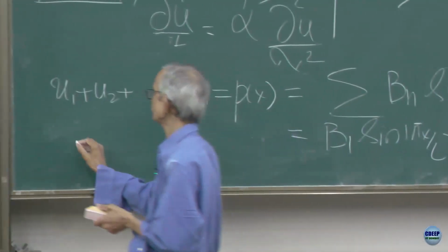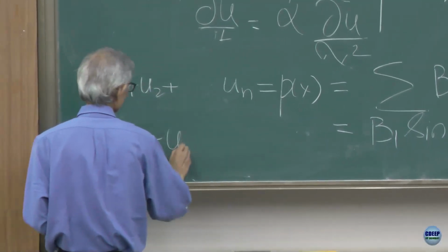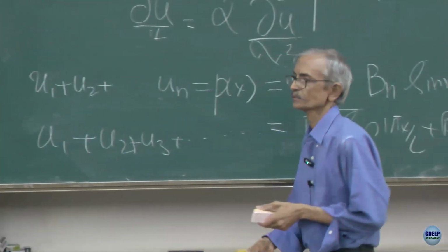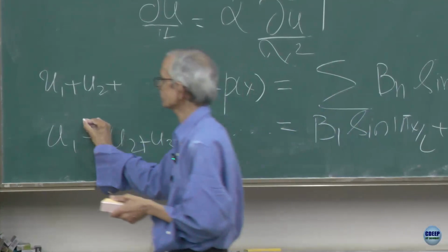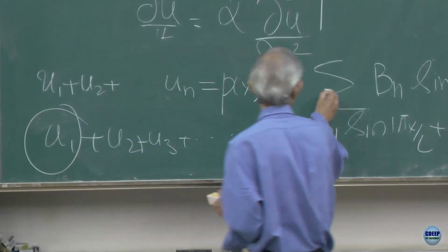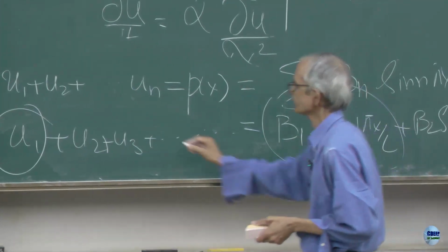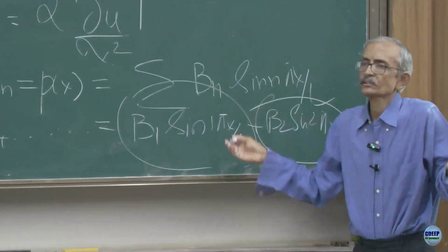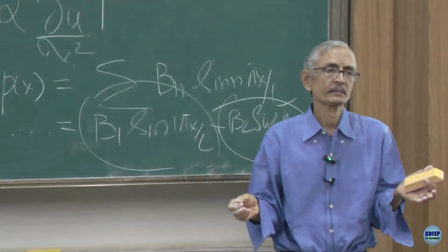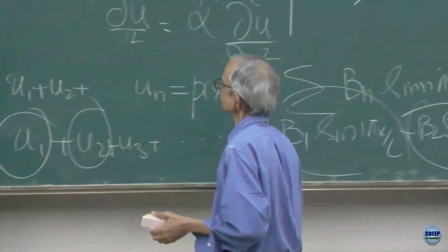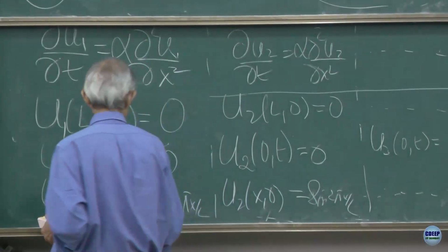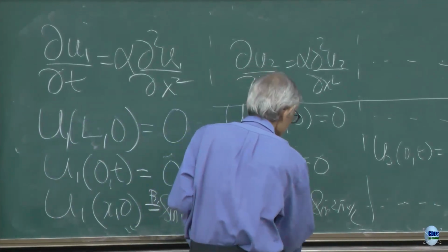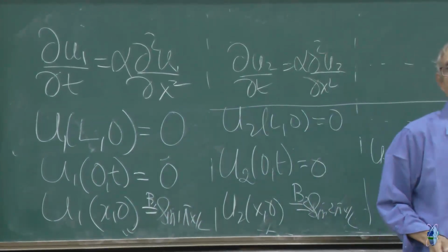And this is U1 plus U2 plus U3 plus dot dot dot. So all I'm saying is take this guy, make it equal to this. Take this guy, make it equal to this. Right? I can choose whatever I want. So we say that this guy is whatever B1 sine n pi x by L, B2 and so on.